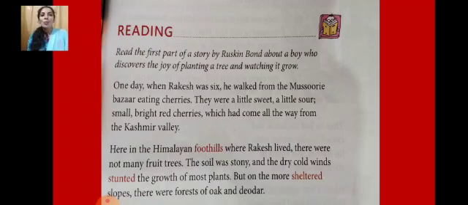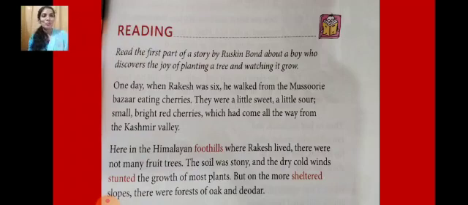One day, when Rakesh was 6, he walked from the Mussoorie bazaar eating cherries. They were a little sweet, a little sour, small, bright, red cherries, which had come all the way from the Kashmir Valley. Now, where's Kashmir? Where's Mussoorie? You should start searching in your map.